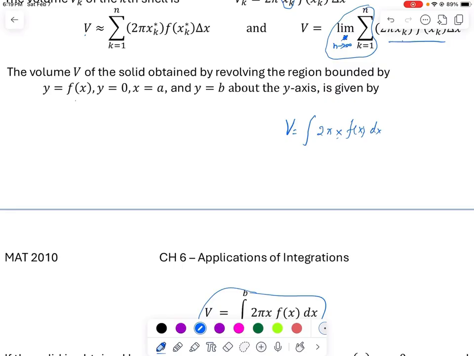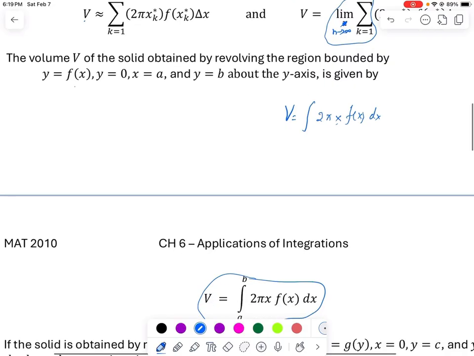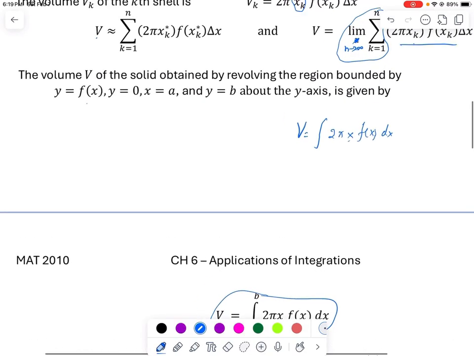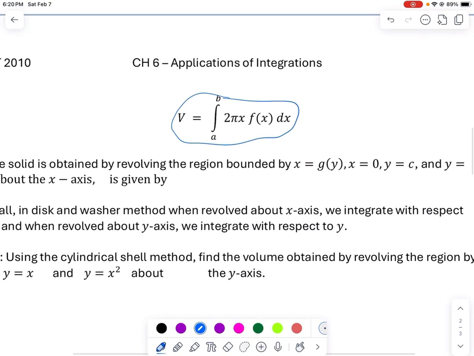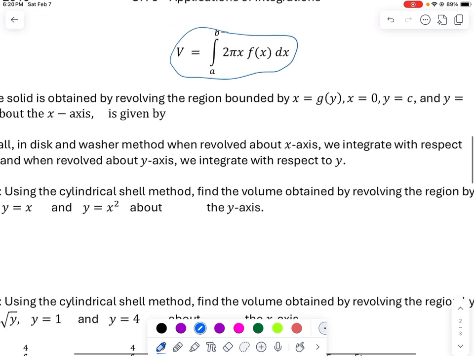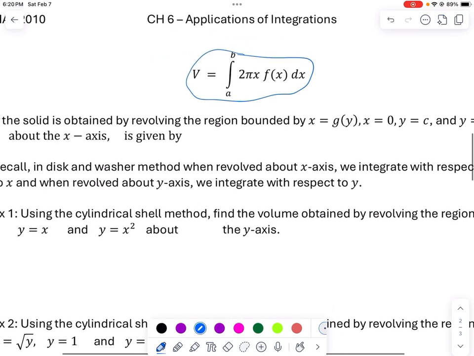But if you get your solid by revolving the region about the x-axis, then you will have to integrate in terms of y. V is equal to the integral from c to d of 2 pi y g of y dy.